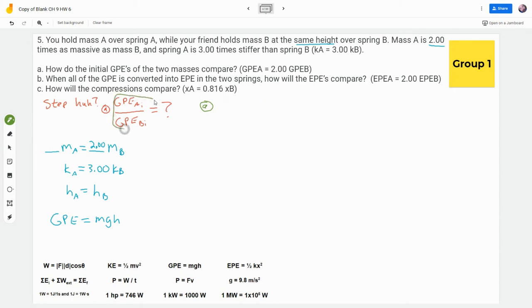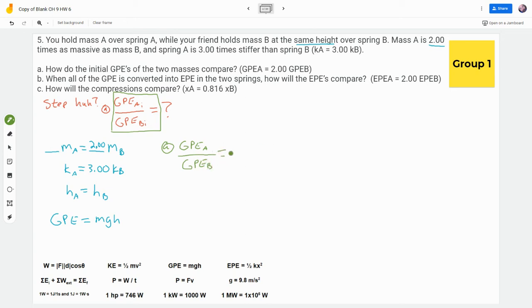All right, so for part A, start by writing this. Actually, I should plan this out a little bit better. Let me put A down here. I want my step going there. But we're going to start by writing this. This is going to let us build a little math problem that we can do. GPE sub A, I'm going to leave the I off. It is the initial one, but we don't need it.